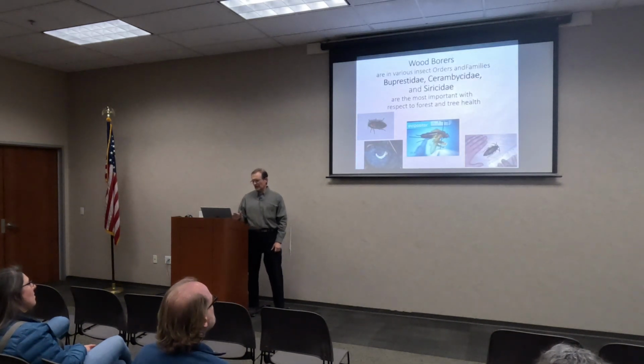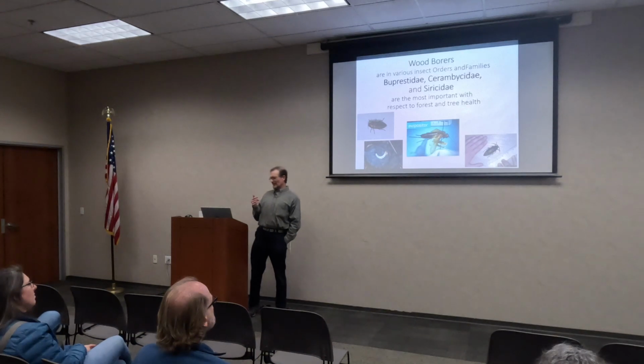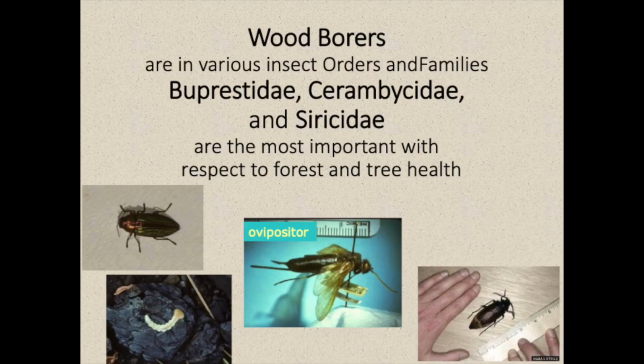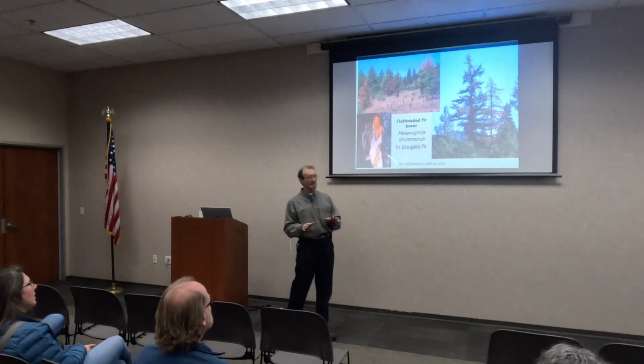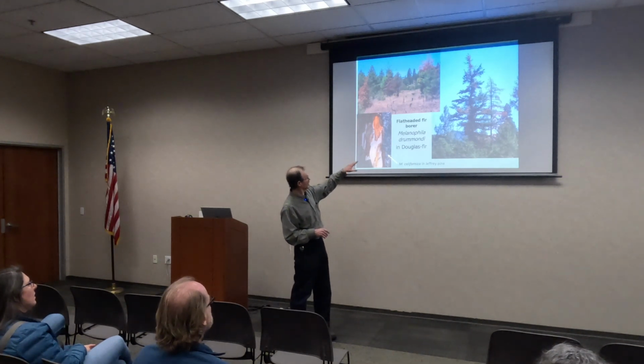I just want to mention that there's a whole bunch of things that get into bark and wood, and I'm not going to talk about these, but I want to mention them because they can be damaging pretty much in a way, some of them, that is similar to bark beetles. And this is one of them, the flat-headed fir borer.